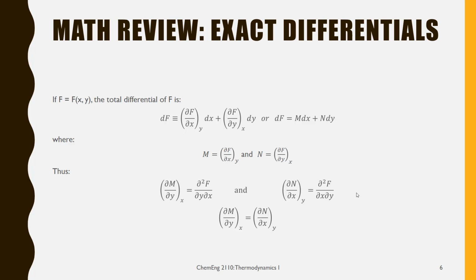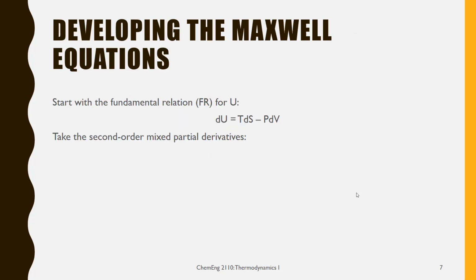And if I take the second derivative of f with respect to x and y, I could do it in either order, which means that dM/dy has to equal dN/dx. Now we're going to take advantage of that. We're going to use this to develop mathematical relationships that are these second derivatives. And they're going to be called the Maxwell equations, from the person who originally noted this.